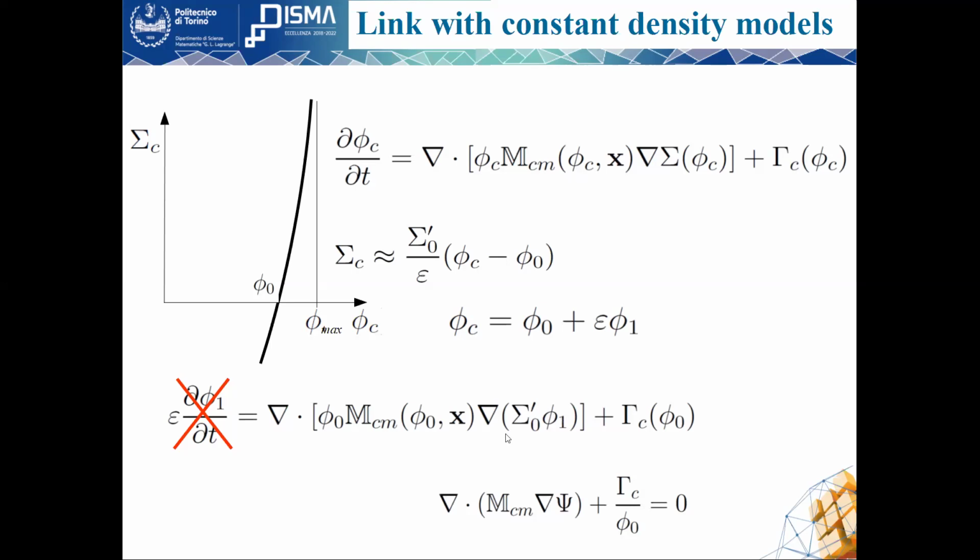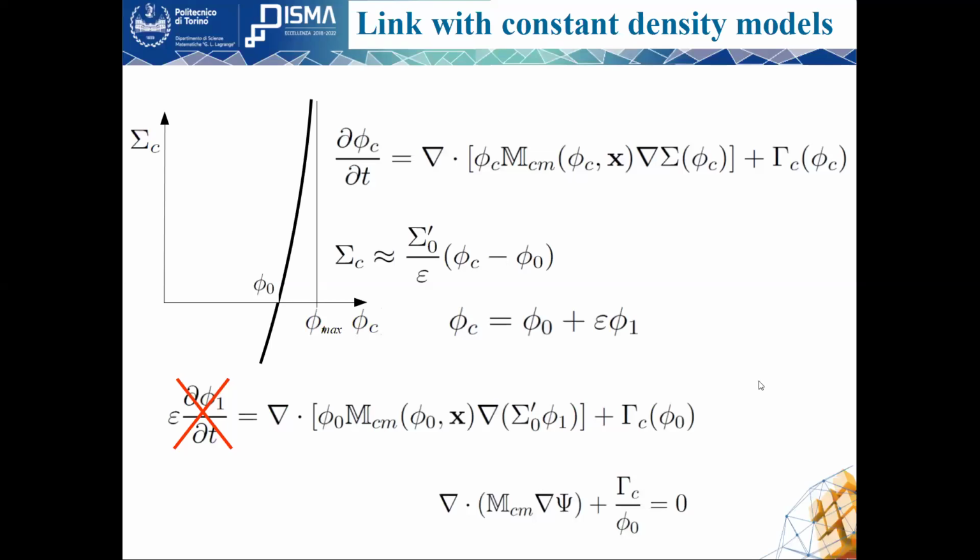Okay, this is it. So the relationship with these constant volume models and the model in which I take into account the variability, but the stiffness, or in the same way the motility, are very high, is this one.